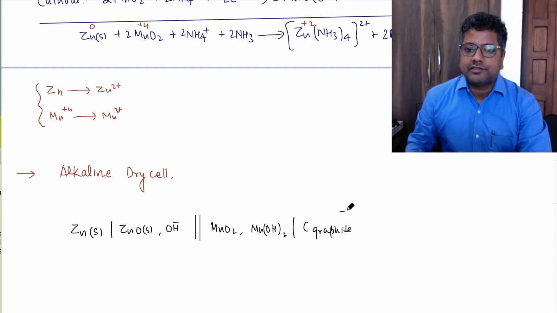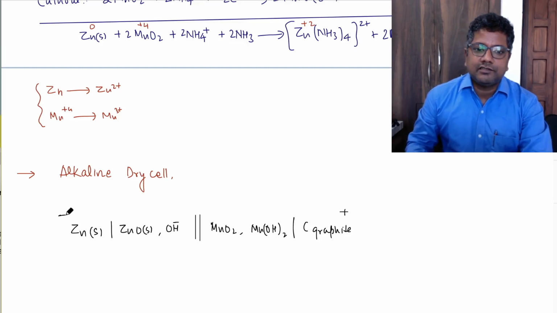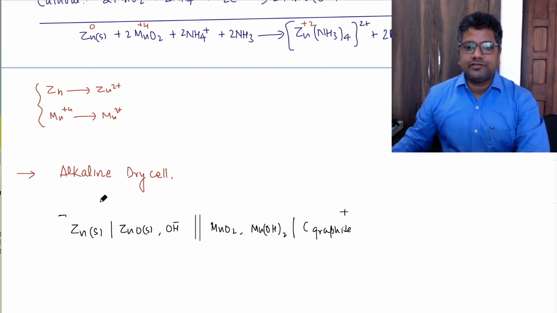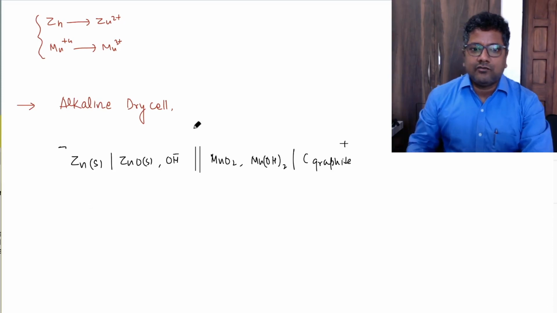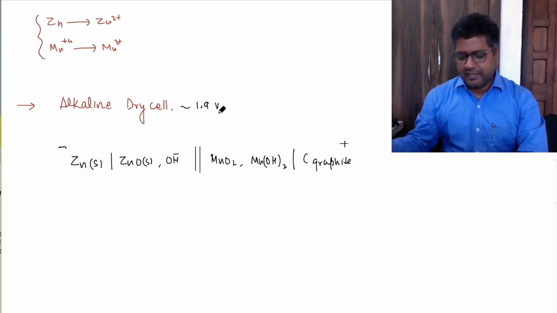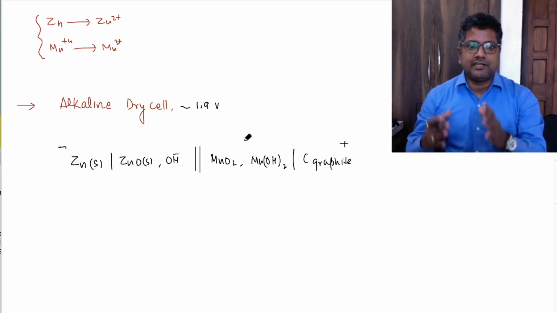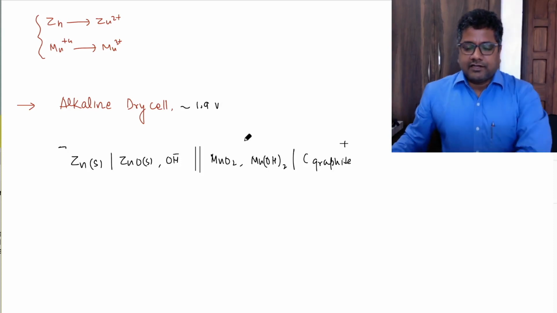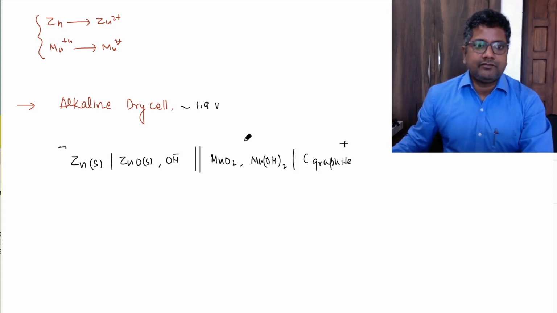So this is positive and this is negative, right? So what is the voltage here? Voltage is close to 1.9 volt, or rather 1.6 or so, depending on the preciseness and other factors, the ideality of the conditions.